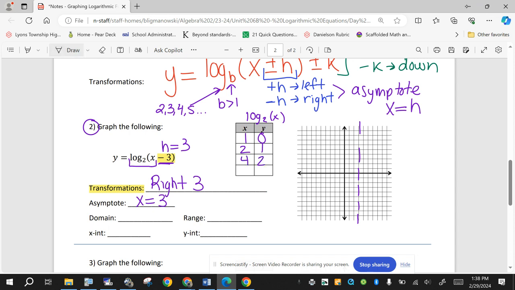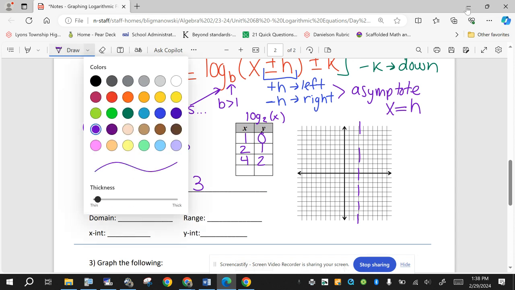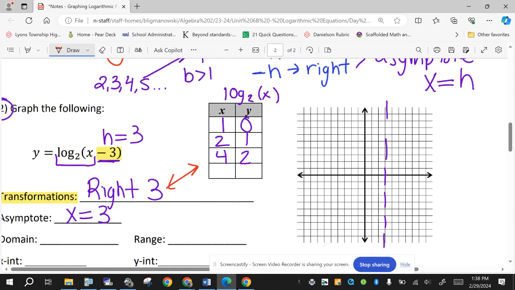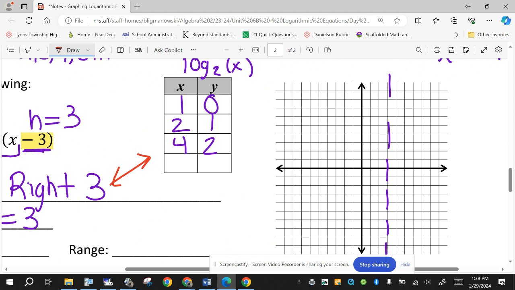But now I'm going to take these points and I'm going to shift them all right 3. So I'm going to start at, let's see if I can zoom in here. Okay, start at (1, 0), but then I'm going to go right 3. So this is where I started. Each of these points will be a little x. So right 1 and then right 3.